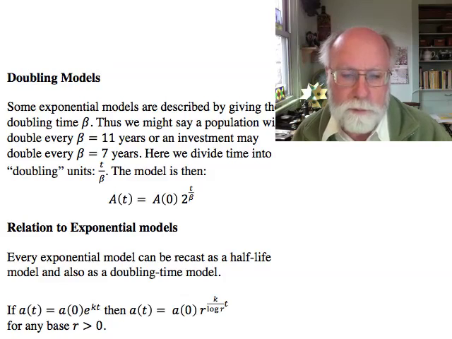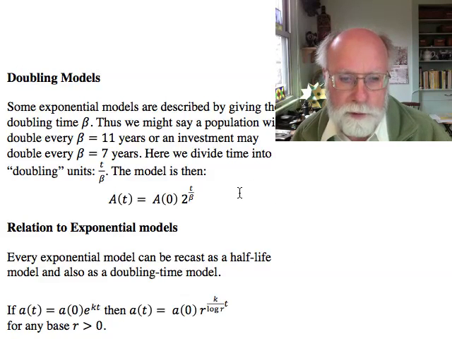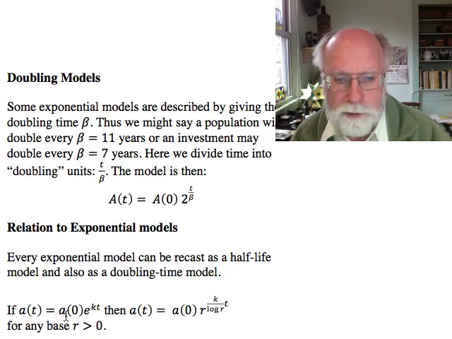Now, in fact, these other ways of formulating exponential models are not really fundamentally different from our general model using e. If A of t is A of 0 e to the kt, then that same A of t can be written as A of 0 r to the power of k over log r times t.